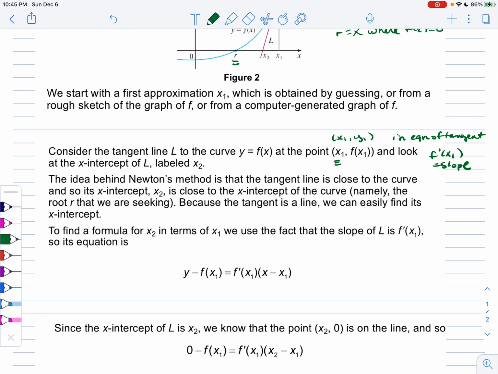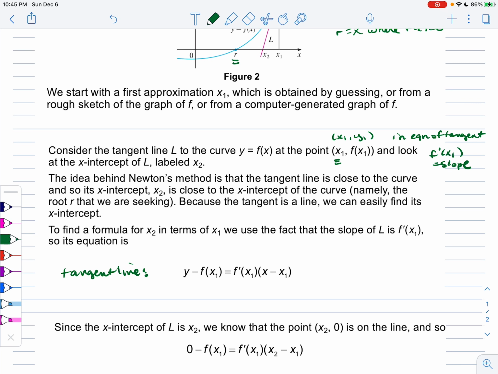So if we were to start with our very first tangent line, y minus f of x1 equal to f prime of x sub 1 times x minus x sub 1, then we would want to find the x-intercept of this line. And that x-intercept would be our next x sub 2, our next approximation.